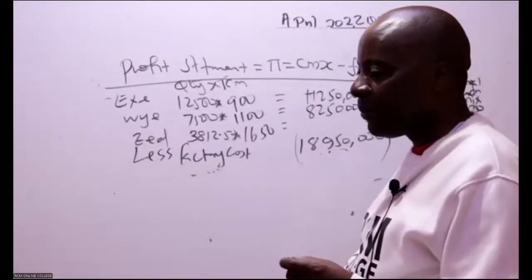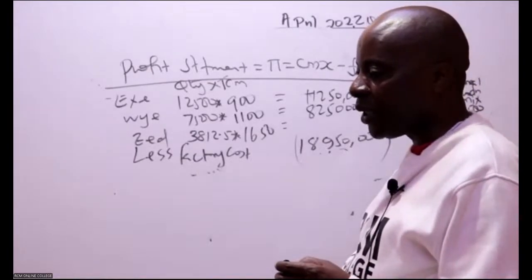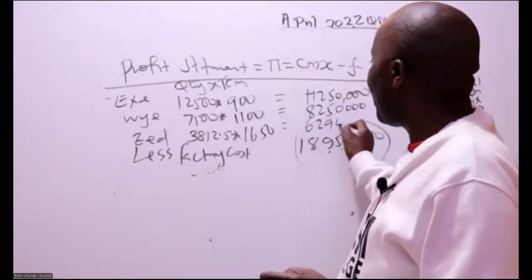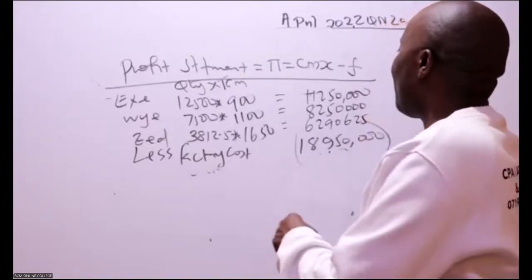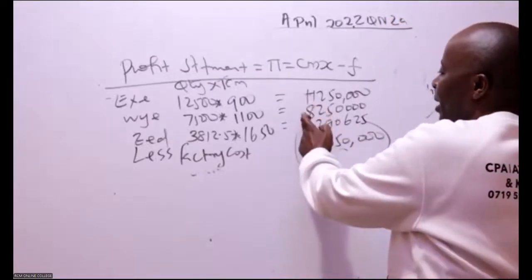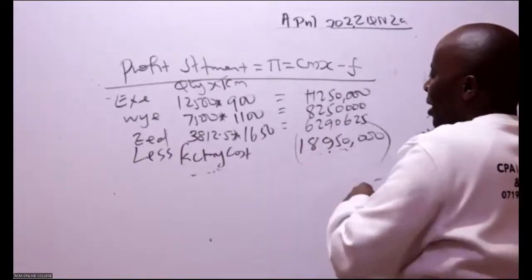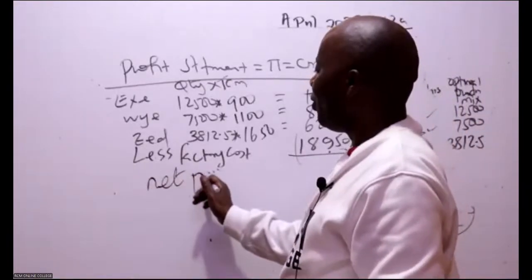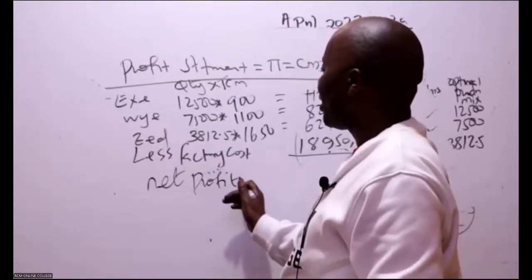The last one, my good students, is 6,290,625. So can someone do me a favor? Take this plus this plus this minus this, and give me the net profit. If you do it that way, then you'll be able to get all the marks.